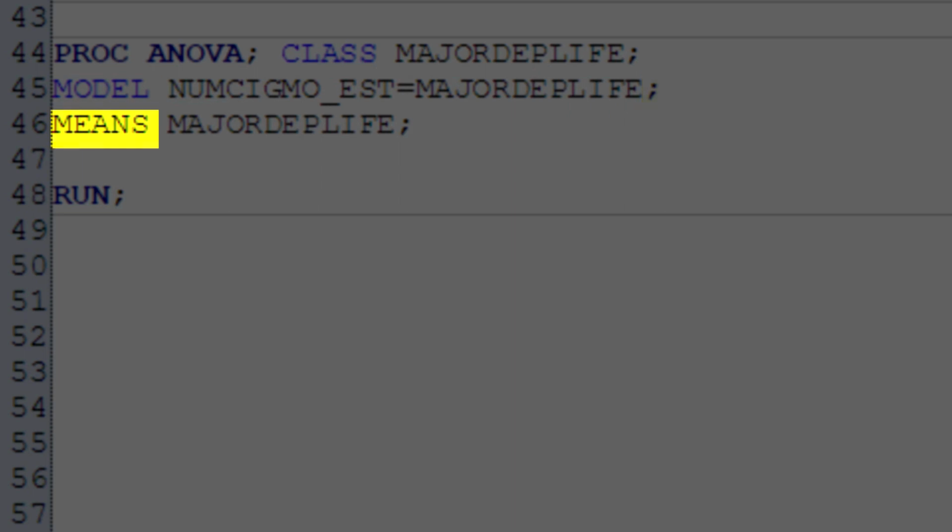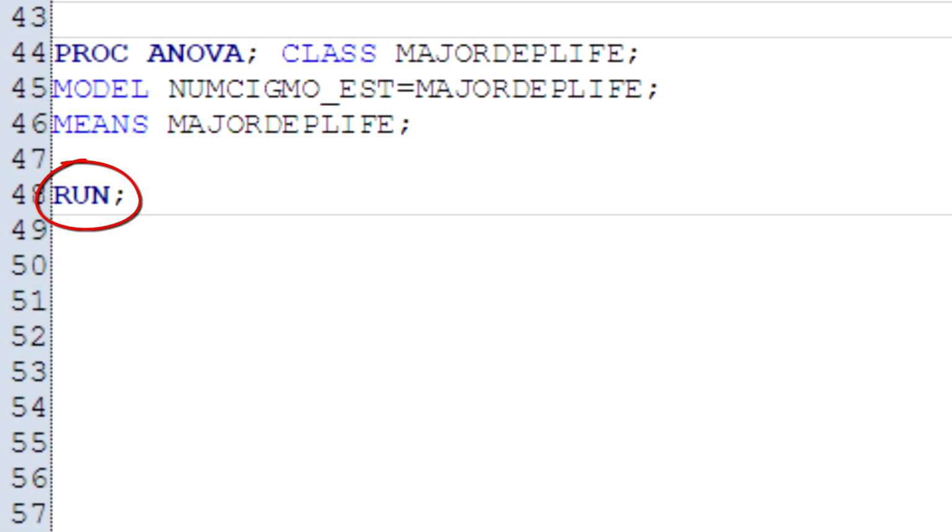Finally, the mean statement tells us which groups you would like to compare on mean number of cigarettes smoked per month. So again, we include the categorical explanatory variable, major dep life, and end the statement with a semicolon. Don't forget, run, semicolon. So now we're ready to run the program and take a look at the output.